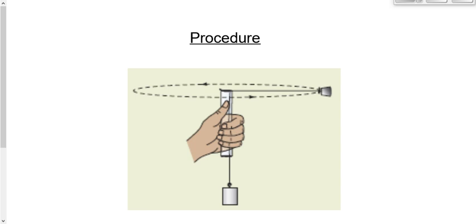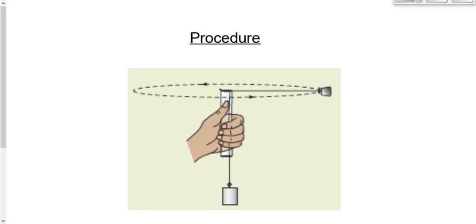In other words, this 200-gram mass will keep the rubber stopper moving in a circle. Does that make sense? I'm not holding onto the string. The PVC tube isn't holding onto the string. The only thing that's pulling on the string is the 200-gram mass. Does that make sense? All right. So that's the basic apparatus.